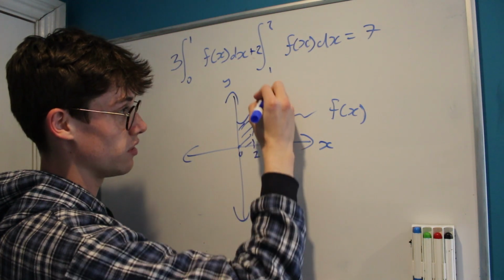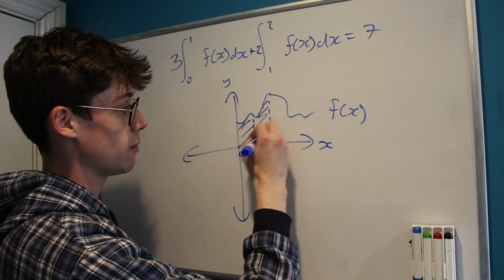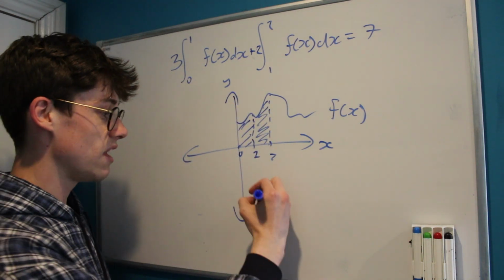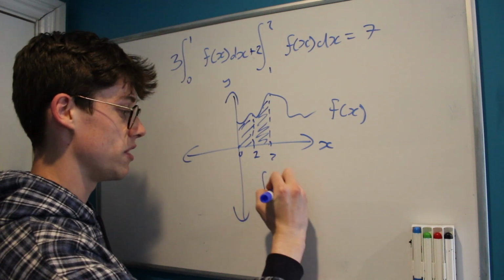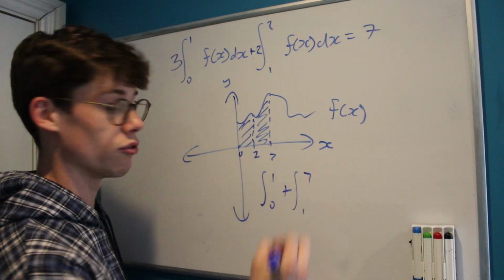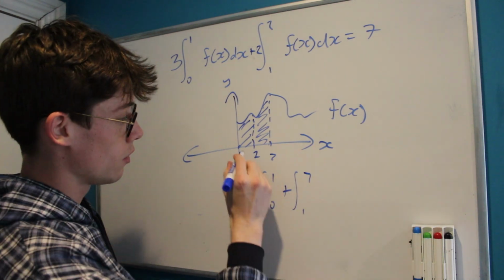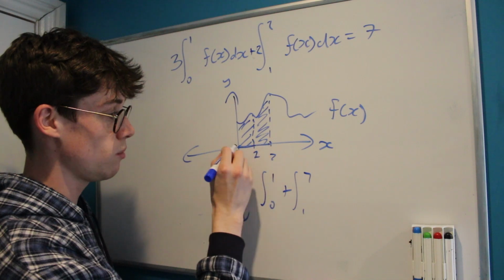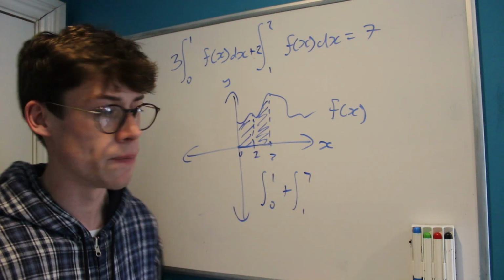And similarly, if we integrate from 1 to 2, we capture the area in between 1 and 2 on the x-axis. Which means that if I add the integral from 0 to 1 to the integral from 1 to 2, really I'm capturing the area all the way from 0 to 1, then 1 to 2, which is the same as just going straight from 0 to 2.